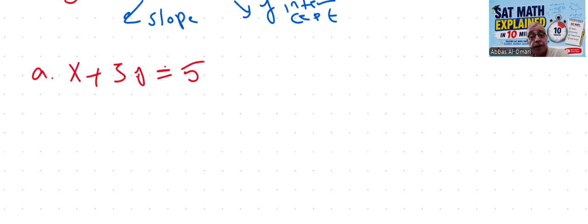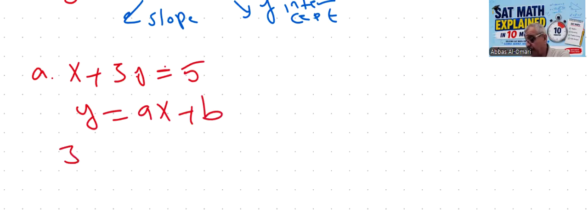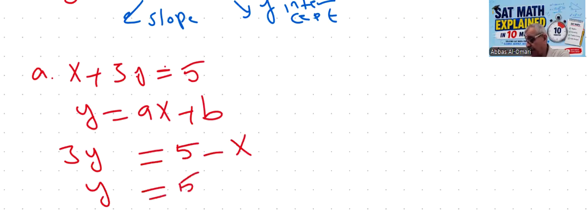So we should put the line in the standard format, y equals ax plus b. So here we have 3y equals 5 minus x. Then we have y equals 5/3 minus 1/3 x.